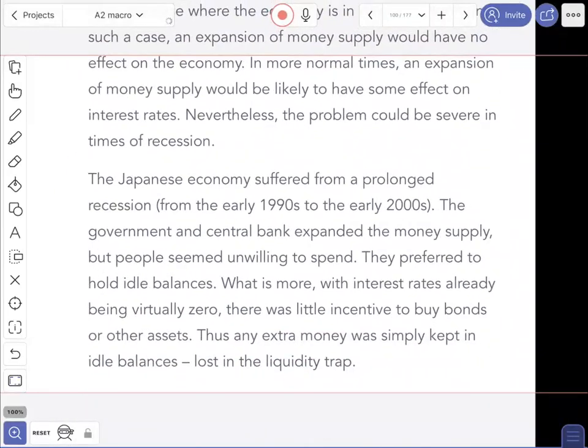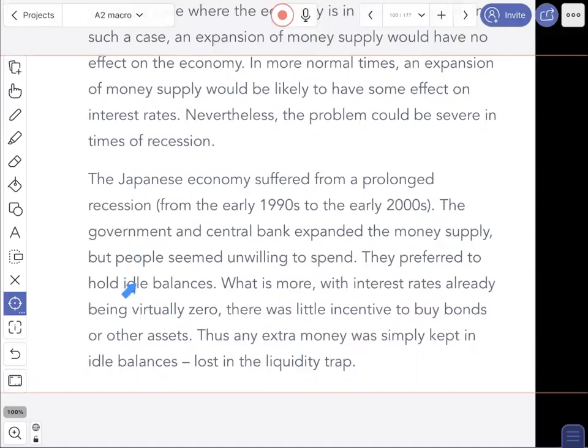The Japanese economy suffered from a prolonged recession from the 90s to the early 2000s, where the government was trying to increase money supply, but people were not willing to spend. People were not spending because they were like, if we spend today, the price will fall tomorrow.